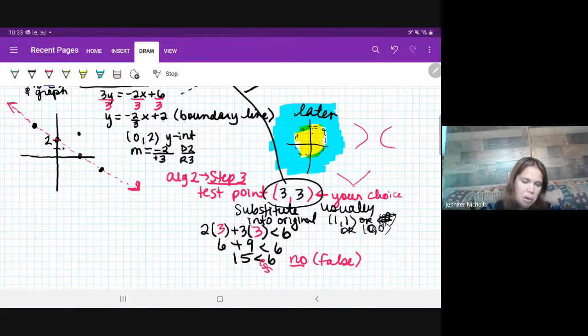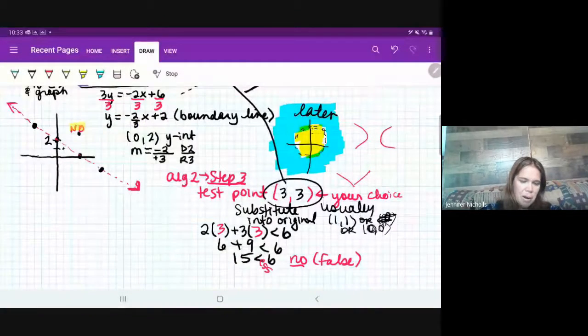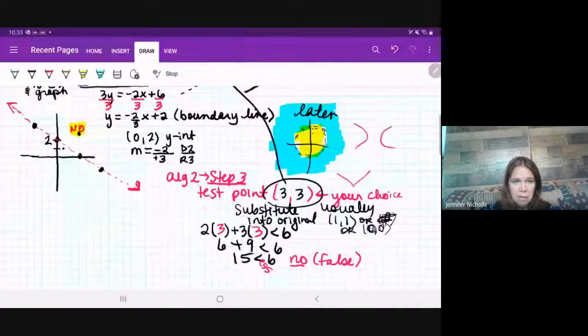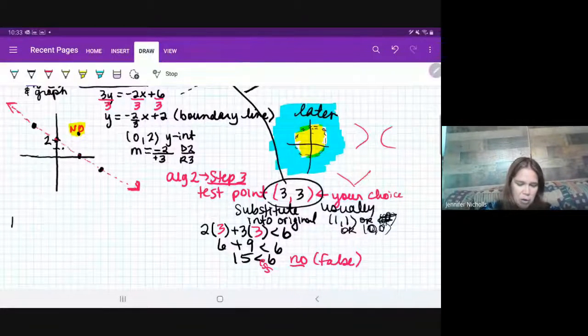So if I put no on my test point, look on my graph. You don't have to highlight this, but I just want to point it out to you so you guys can see it. Do you see where I put no? So that means don't shade that side. Okay, so let me tell you what a no means.